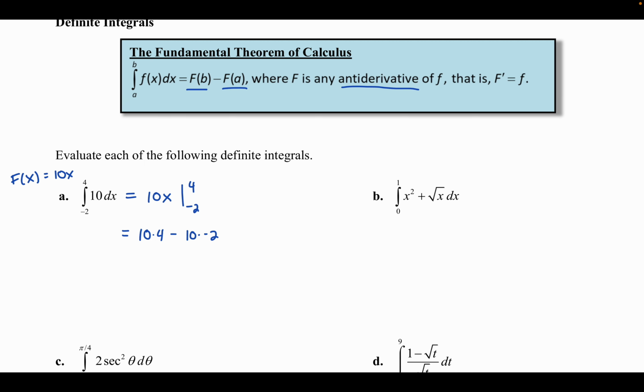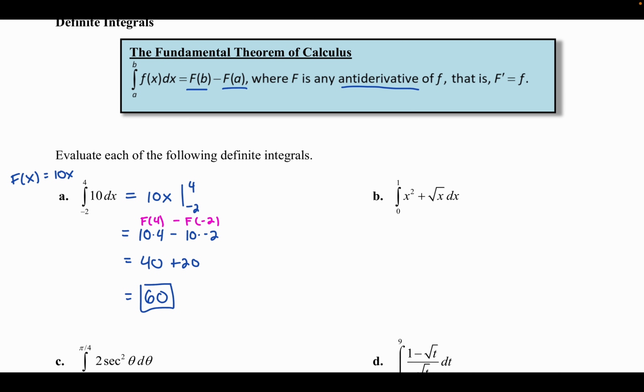So this really is F of 4 minus F of -2. Then this is 40 plus 20, so we'll get 60. So the area under the curve 10 from -2 to 4 is 60.